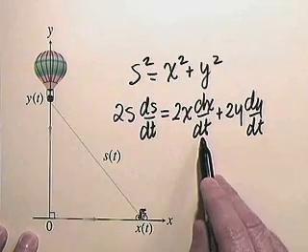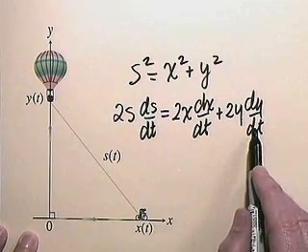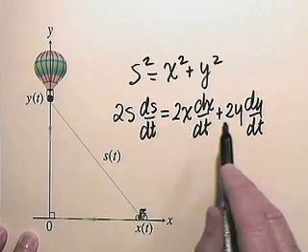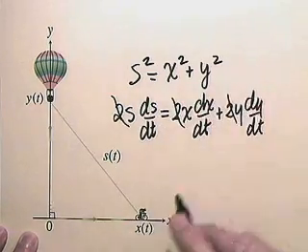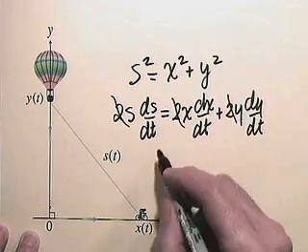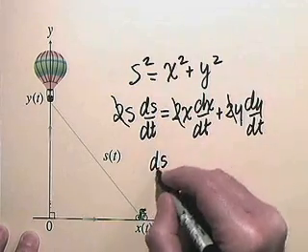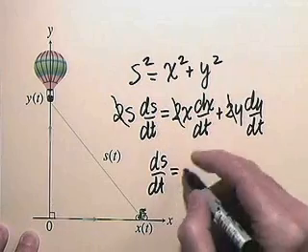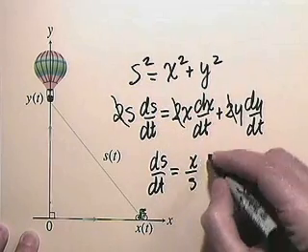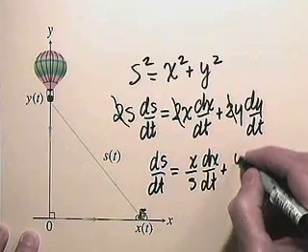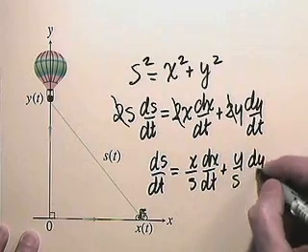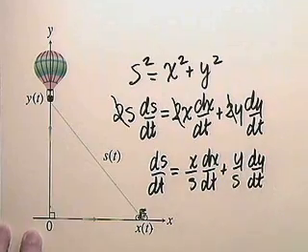So we know dx dt was 17, dy dt is 1. We know what x is, we know what y is. We can cancel the 2's. Okay, so then we have ds dt equals x over s dx dt plus y over s dy dt.